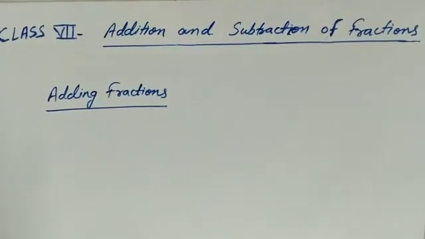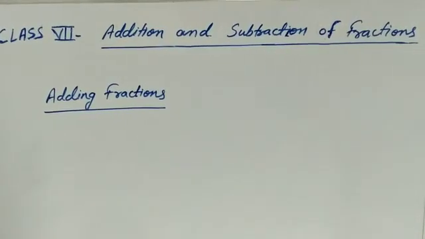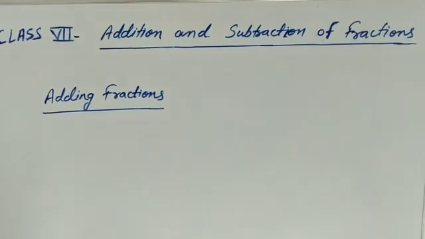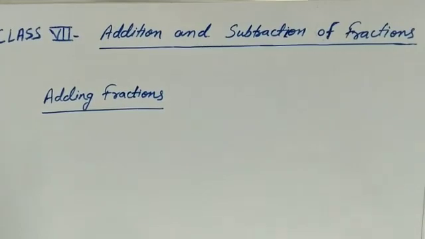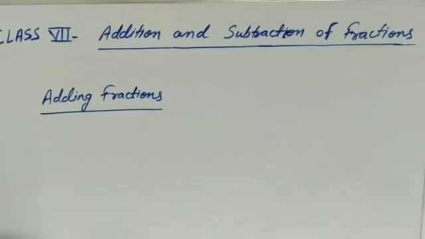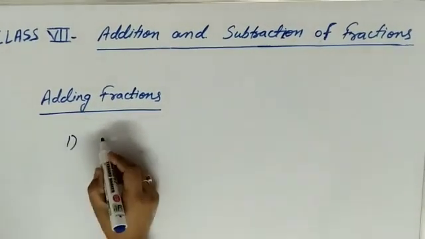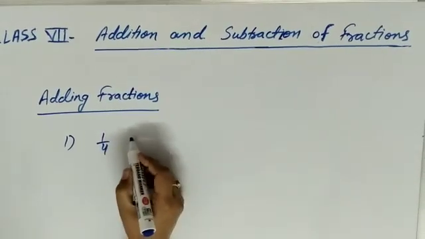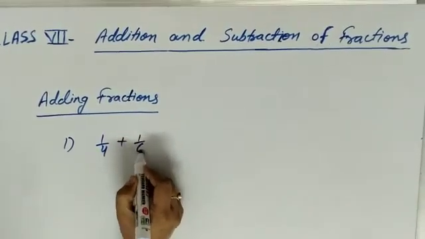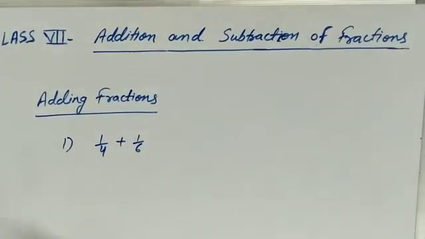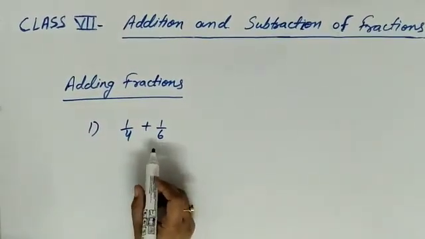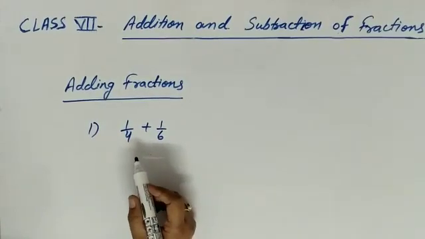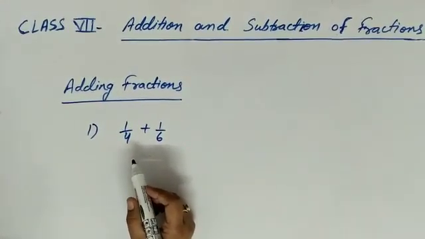First, we will see the case of addition, where we are going to add fractions with different denominators. To explain this, I have taken these two fractions, 1 out of 4 and 1 out of 6. Here we see the denominators are not the same. What will we do to make the denominator the same?